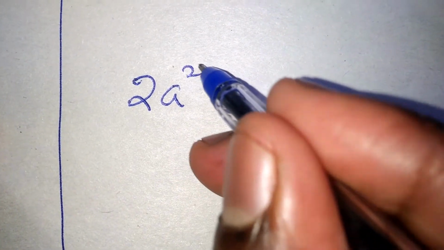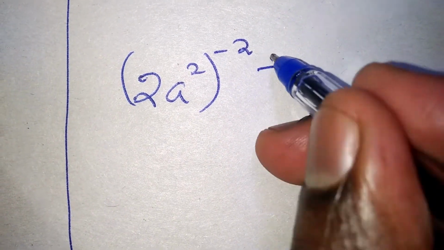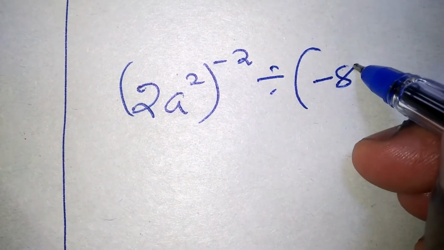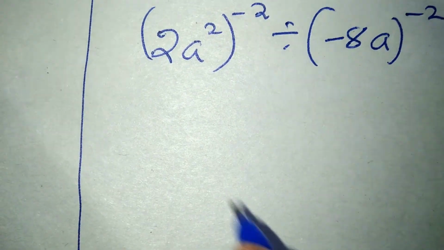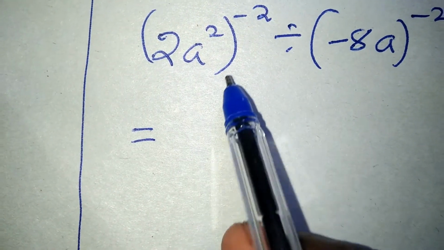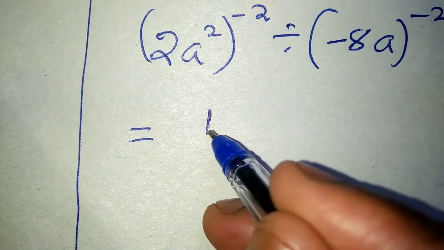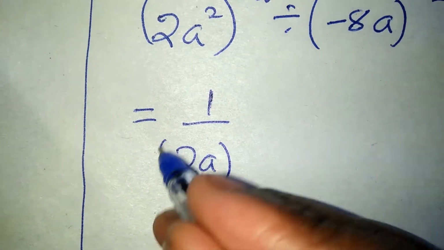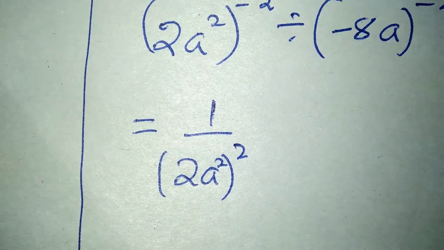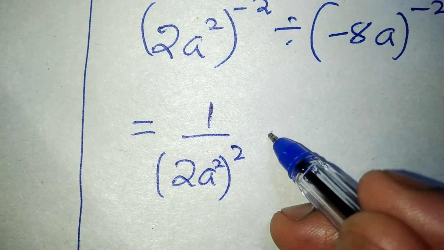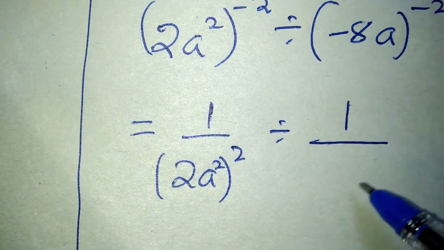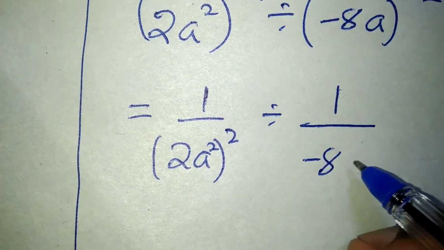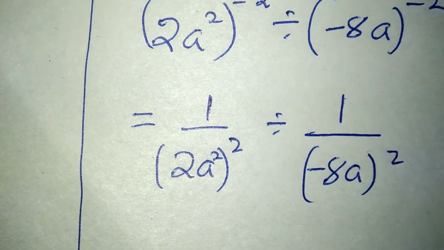Another problem is 2a squared raised to negative 2 divided by negative 8a raised to negative 2. Now we apply the reciprocal law of indices. We get 1 over 2a squared, raised to 2, divided by 1 over negative 8a squared.